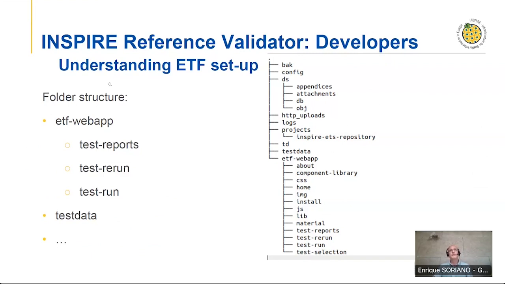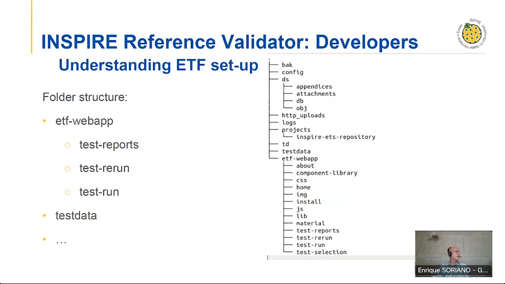So we have the folder structure here of the ETF web app. When you deploy an ETF, you find in your deployment location the folder structure, which has some relevant components.